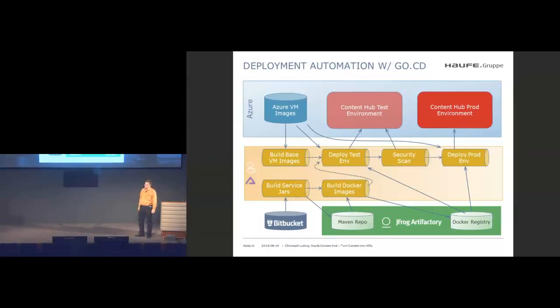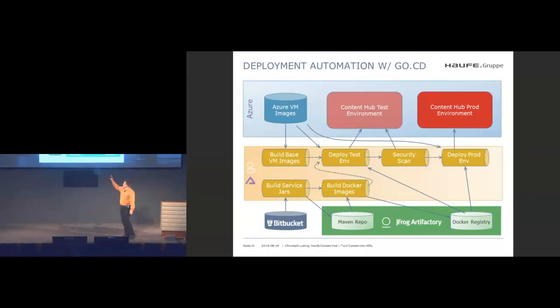And the artifacts, the jar files, are placed in the Maven repository. Whenever the artifacts in the Maven repository change, the next pipeline will run that creates new Docker images. And these Docker images are then placed in the Docker registry.